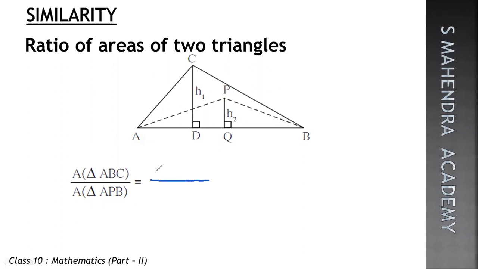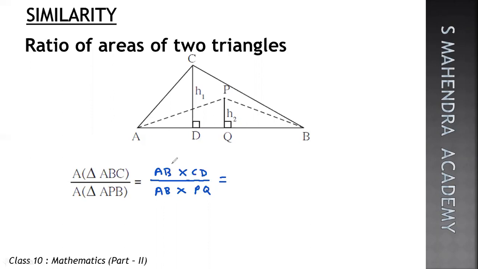1/2 base, that is AB, into height CD, and the area of triangle APB will be base into height PQ into 1/2, and the quantity 1/2 will get cancelled out and the product will be AB into CD upon AB into PQ.